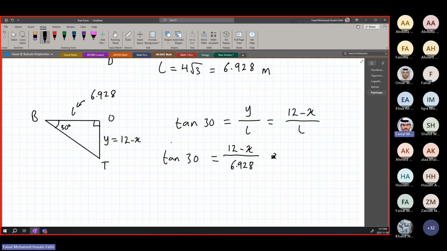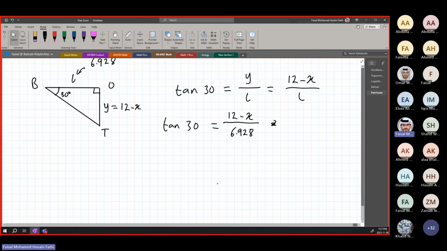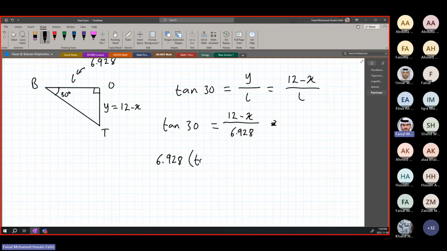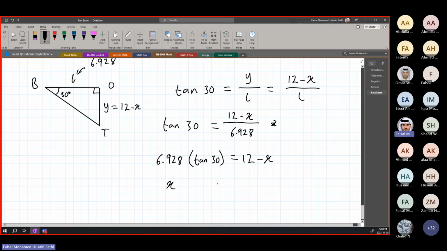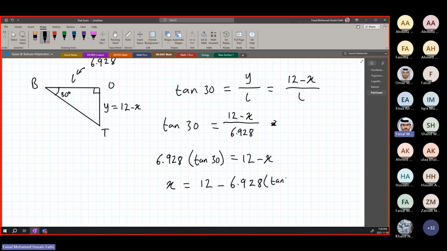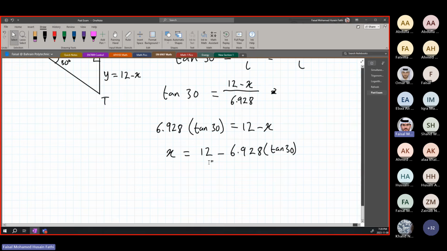Now what do we do? We want to find x, so we take the 6.928 up and multiply both sides by 6.928. So it will be 6.928 times tan of 30 is equal to 12 minus x. x is equal to 12 minus 6.928 tan 30. I'm just solving the equation, and I know I'm going over some steps.